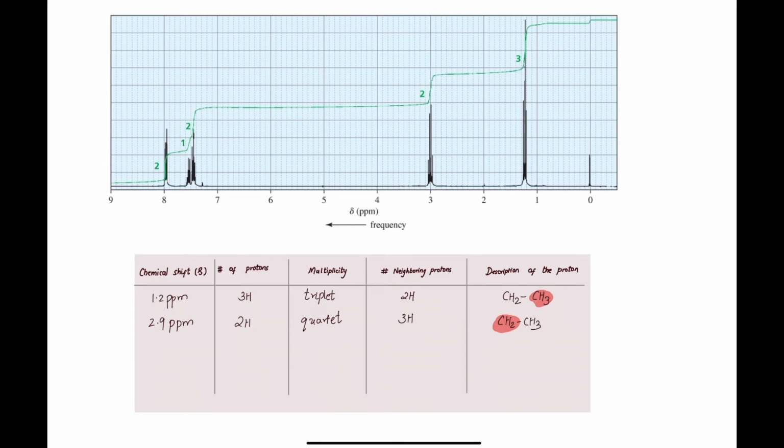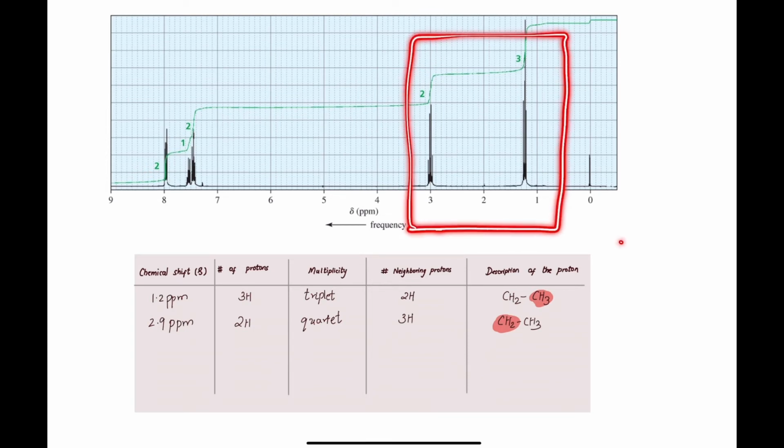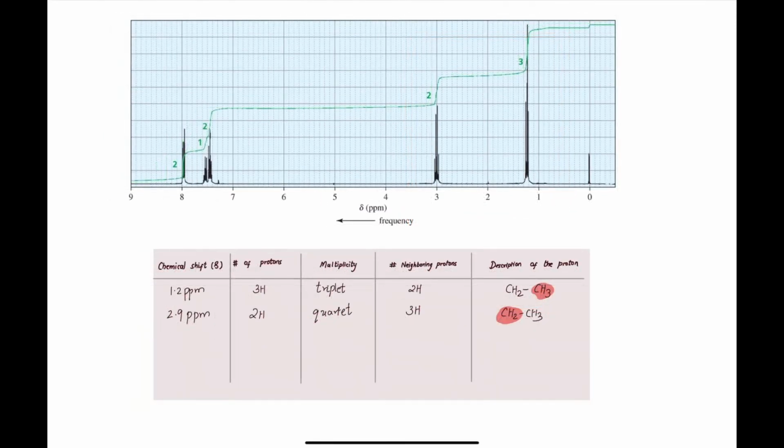So normally when you have a pattern like this, it is definitely going to be consistent for the ethyl group. So together it's going to give a triplet and a quartet. Now the last thing here is the aromatic protons. There are a total of 5 hydrogens, and we have already concluded that this is going to be a monosubstituted benzene ring, where the peaks are well separated from each other.